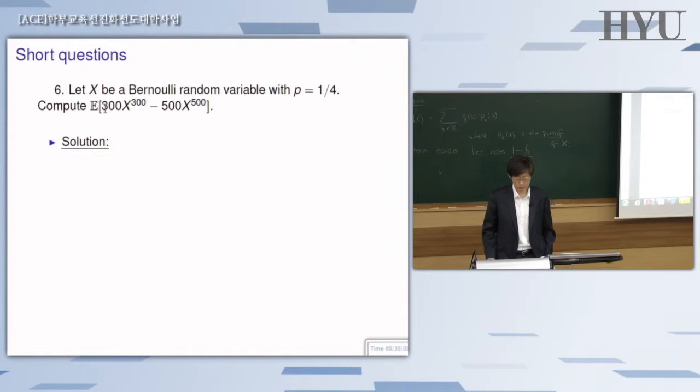So first, get the stuff inside the bracket, and then you take the expectation of everything in here. You're supposed to compute this value. And here x is assumed to be Bernoulli. You all know what Bernoulli is. Either 0 or 1, and the success probability is 1/4. Which means that this x becomes 1 with this probability, otherwise it's just 0. So that's Bernoulli.